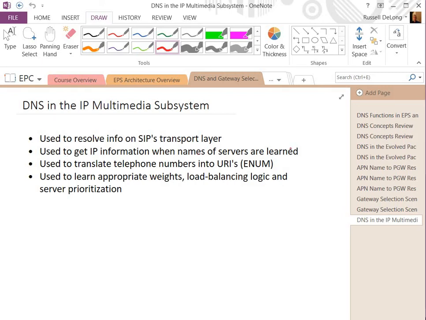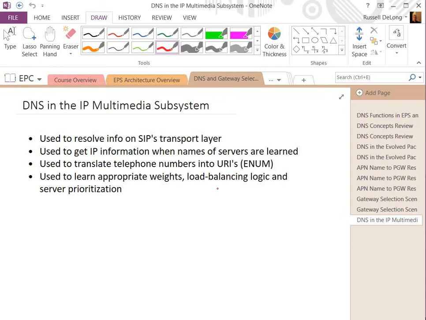It's used to get IP information when names of servers are learned. SIP headers often will refer to names and URIs rather than IP addresses. So to resolve an IP from a URI, that's something that you would use DNS for. ENUM is something special. So for telephone numbers, if you want to get a SIP URI or any type of URI really for a telephone number, there's a standardized method of doing that called ENUM.